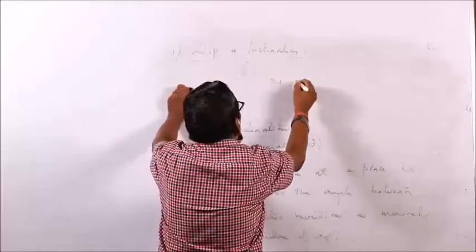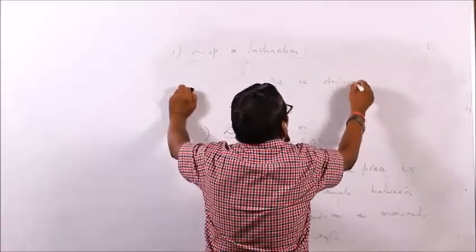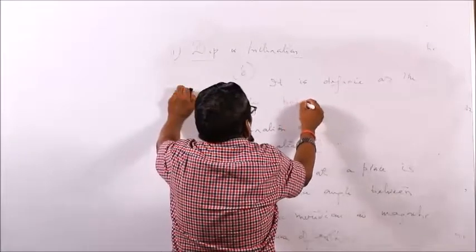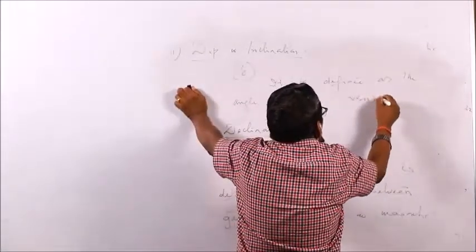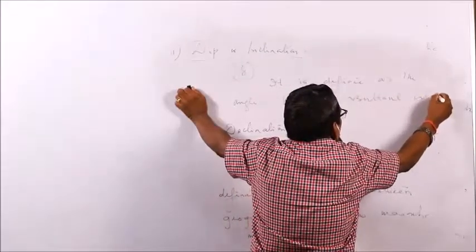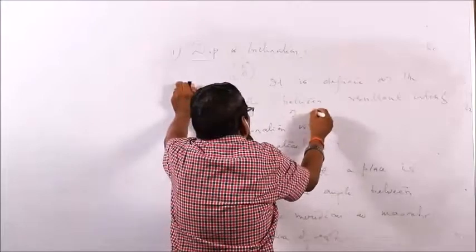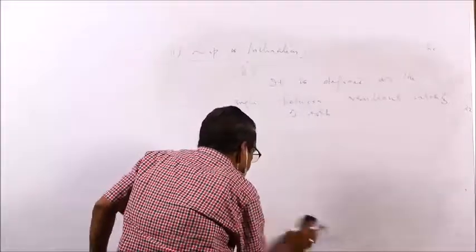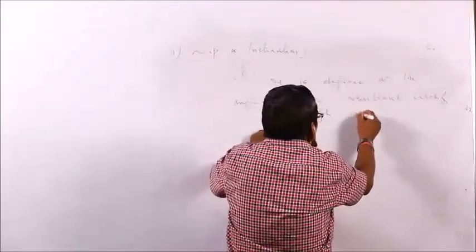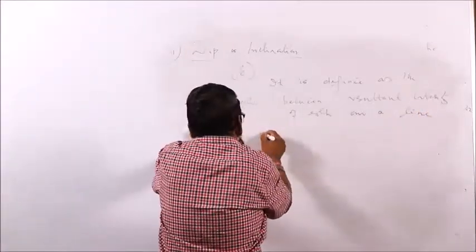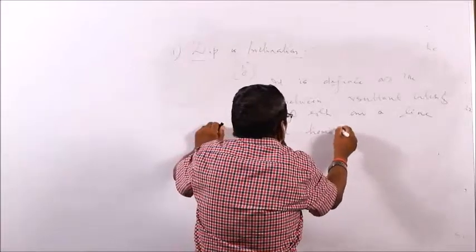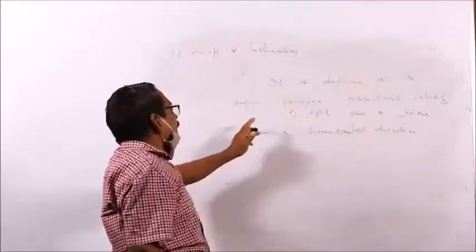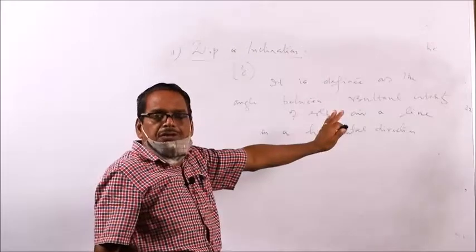It is defined as the angle between the resultant intensity of Earth and a line in the horizontal direction, delta.